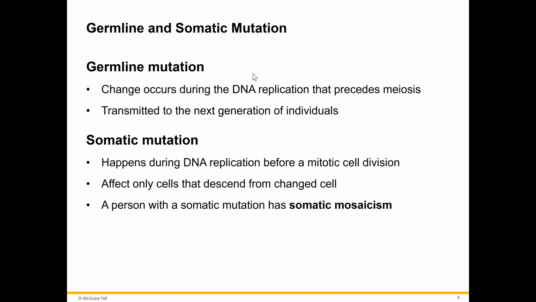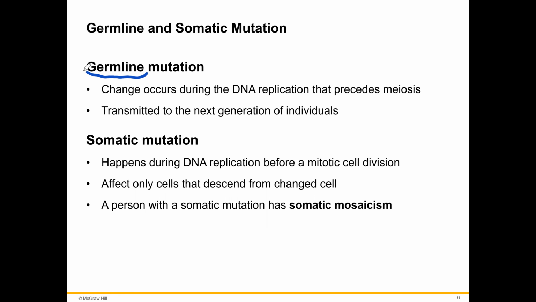If we divide mutations into two large groups, we can define them as germline mutation and somatic mutation. Germ means human gametes, ova and sperm, so eggs and sperm. Germline mutation happens when a change occurs during DNA replication that precedes meiosis, and it's transmitted to the next generation of individuals.